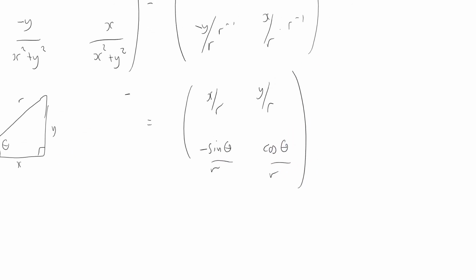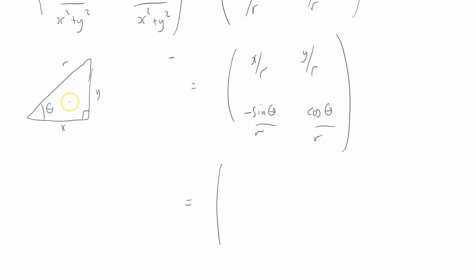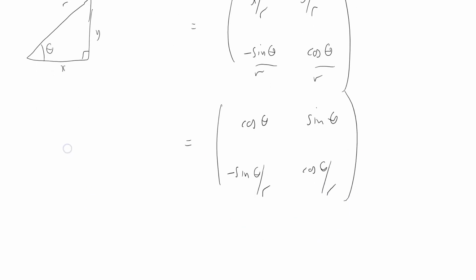So we've got this peculiar hybrid. We could carry on fooling around with it in different ways. We can eliminate that x, since x is just r cos theta. So that's cos theta, sine theta, minus sine theta over r, cos theta over r. So we can play jolly games.